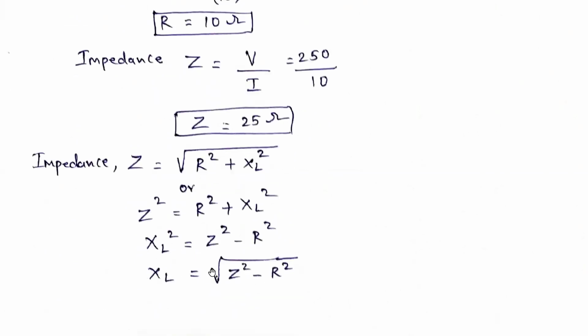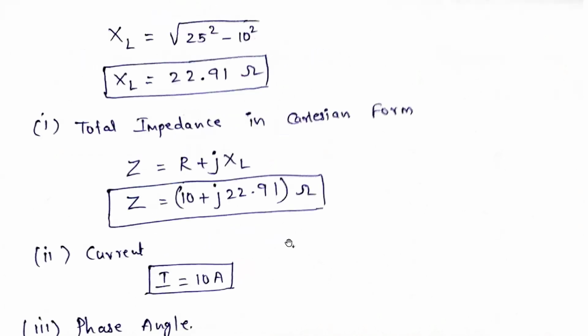XL is equal to root of Z squared minus R squared, that is the inductive reactance. Z is 25, R squared is 10 squared. If you substitute and simplify, you will get XL as 22.91 ohms, the inductive reactance. You just tell in the comment whether you also got the same answer or not.